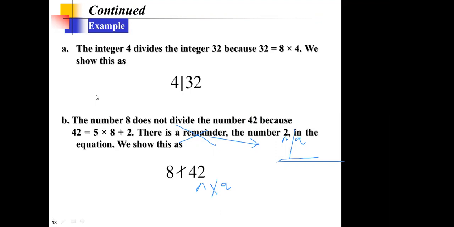Okay, if I can write 32 is equal to 8 times 4, and 4 is my n here, so I can write 4 divides 32.